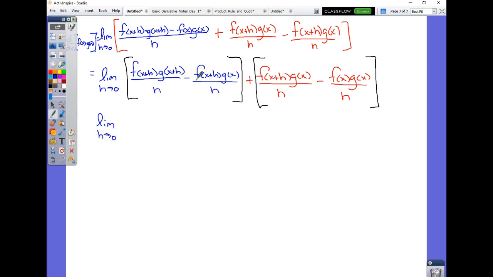Yeah. They have an f of x plus h, right? Correct. So let's factor that out. And if I do that, that's f of x plus h times, and over here, what can I factor out?